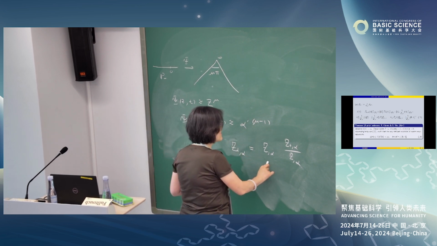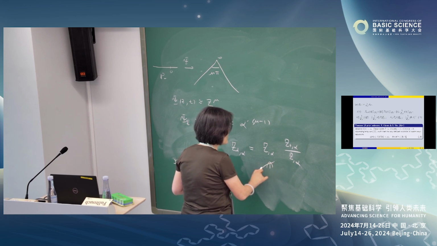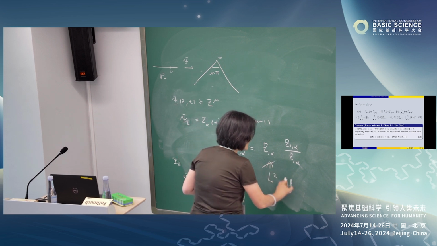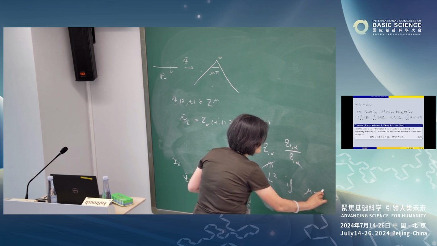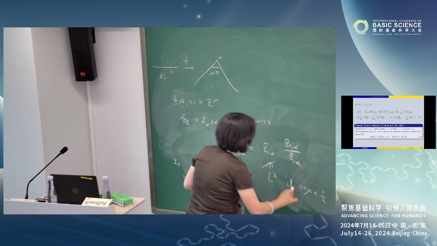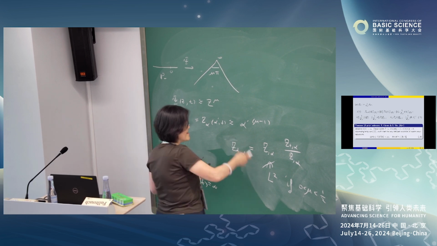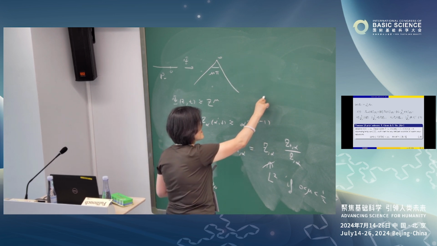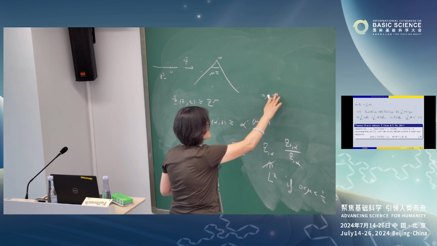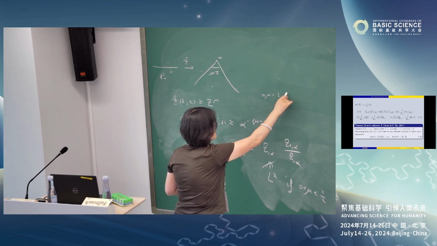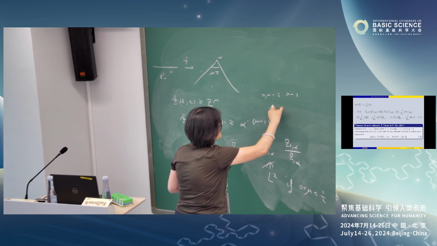This is not in L2 if mu is less than 1, because it's very simple to compute. It's like 2 mu minus 1 needs to be bigger than minus 1. So mu should be bigger than 1/2.